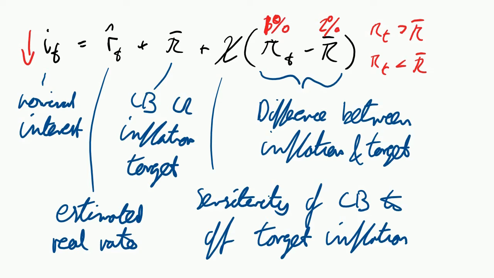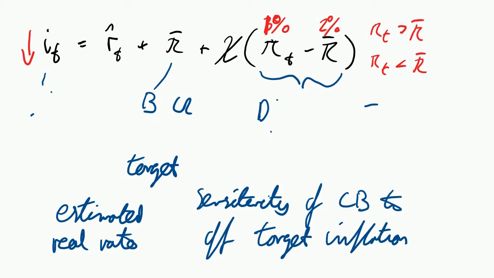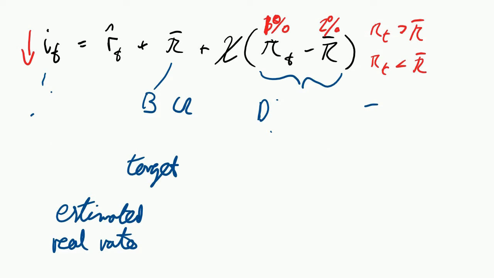Now this might seem a bit odd because in the previous video, in the Fisher equation video, we argued that an increase in interest rates in the long run will also result in an increase in inflation. But to prove that this policy rule is indeed compatible with the Fisher equation, we need to look at how the policy rule operates in the long run. In the long run, the important difference to note is that it's not possible for inflation to be off target.